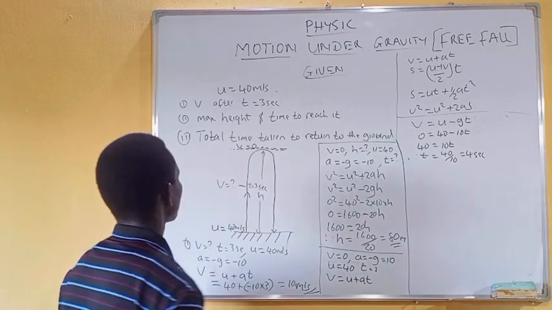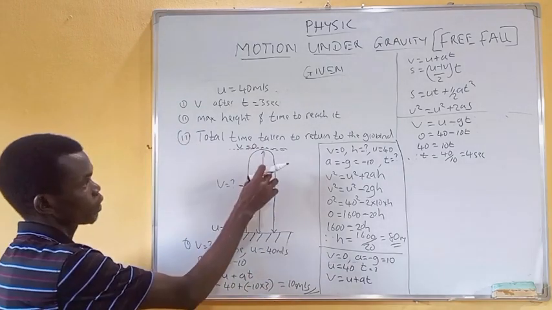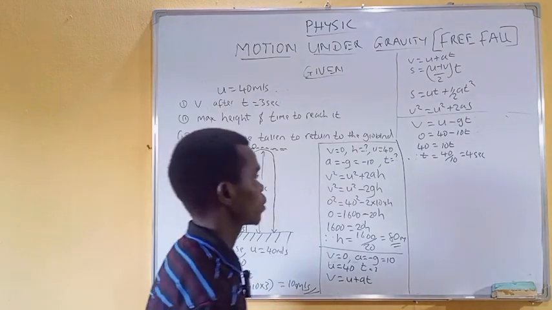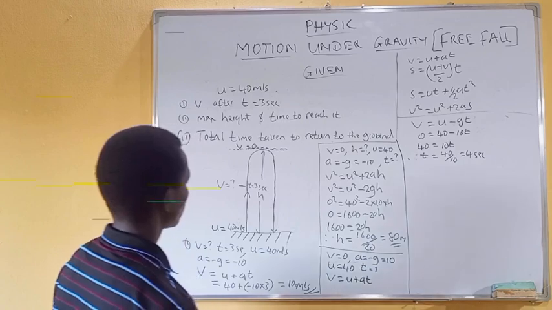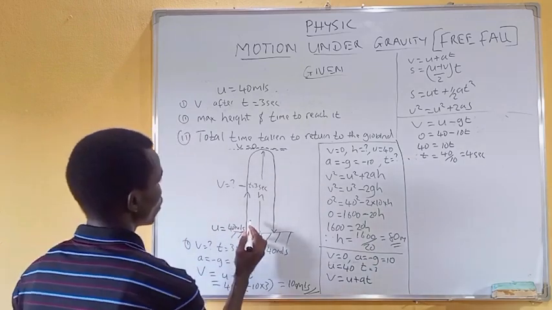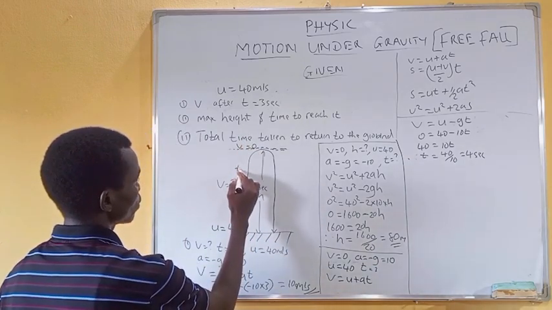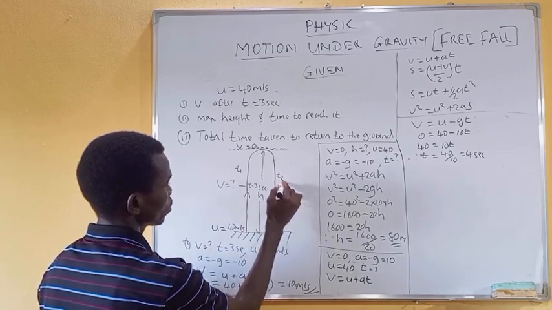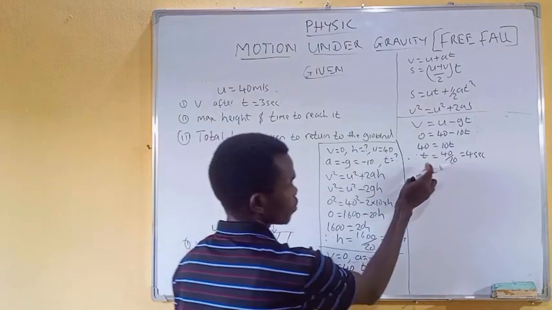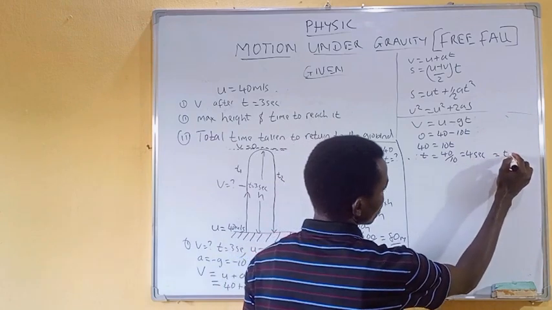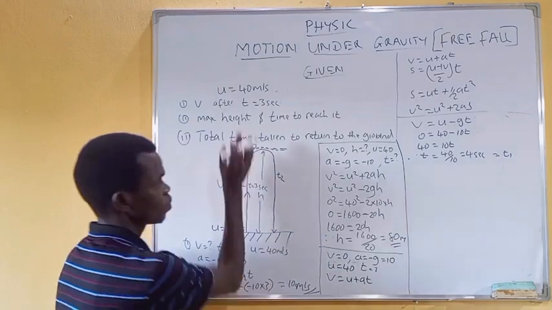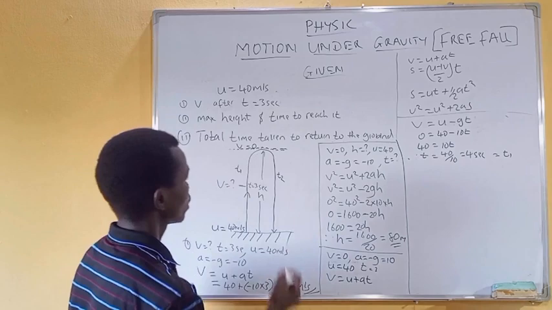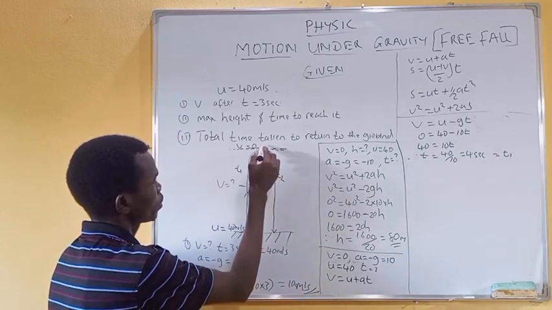And the last question, which is the total time taken to return to the ground. To calculate the total time taken, we will consider two times. The upward time, let's say, is t1, and the downward time, let's say, t2. And this value is equal to t1 because it's an upward movement. Let's consider the one of downward movement. For the downward movement, it's falling down from rest.